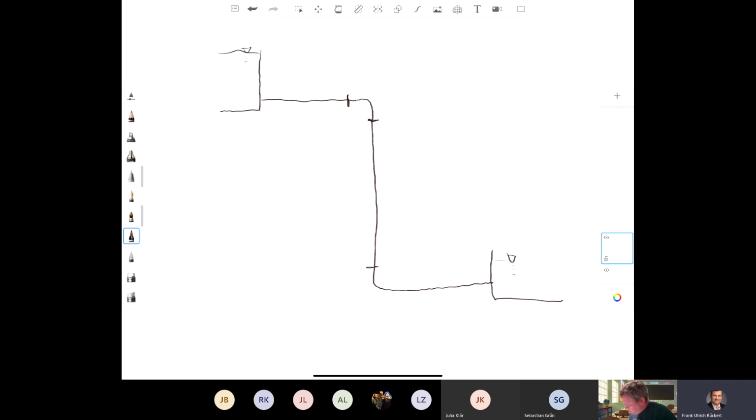We have here an elbow. We have here this other armature. So we have L1, here this.